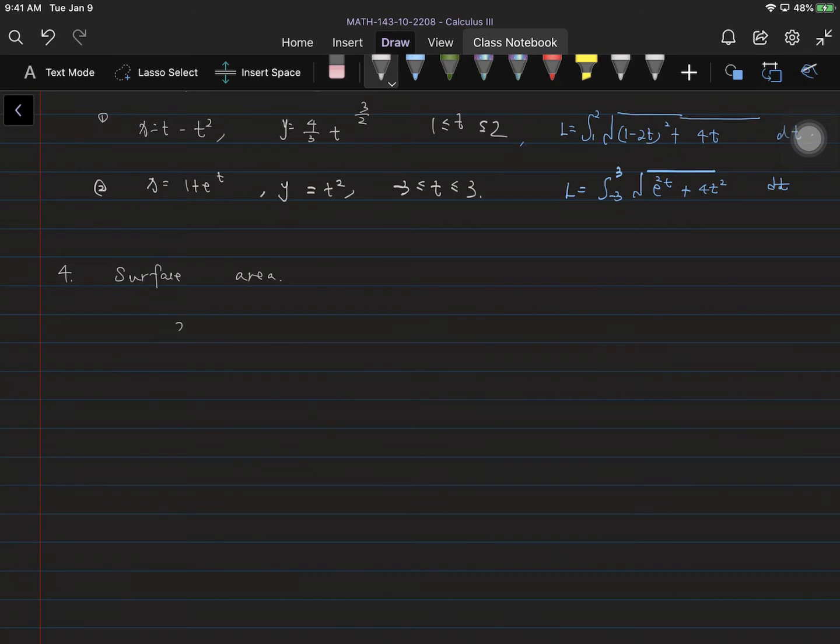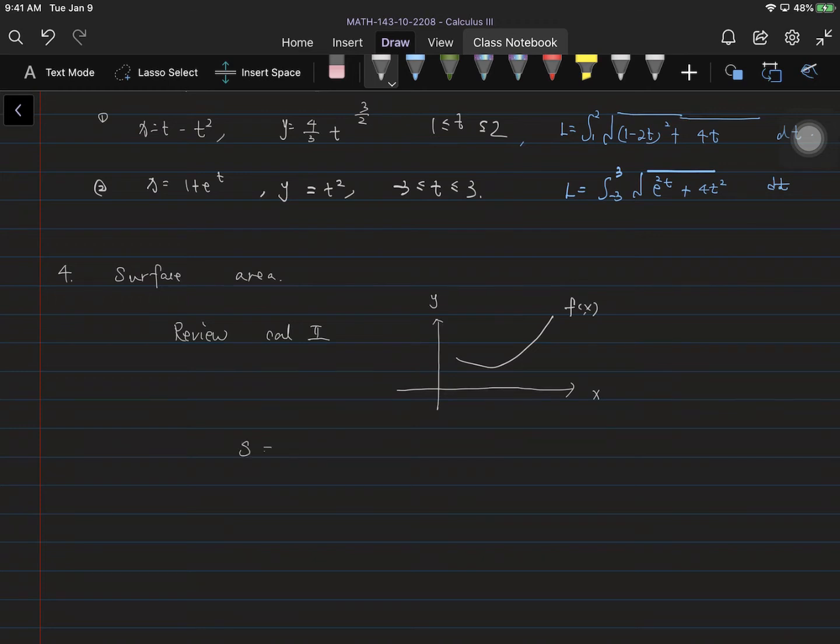Let's have a quick review of Calc 2. In Calculus 2, at the beginning, we learned the volume and the surface area of revolution, right? If we have a curve, like a function, and we rotate this about the x-axis or y-axis, then we have those formulas.